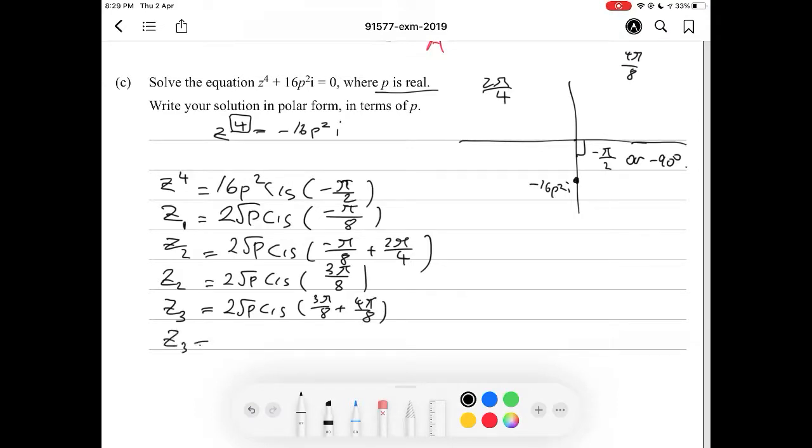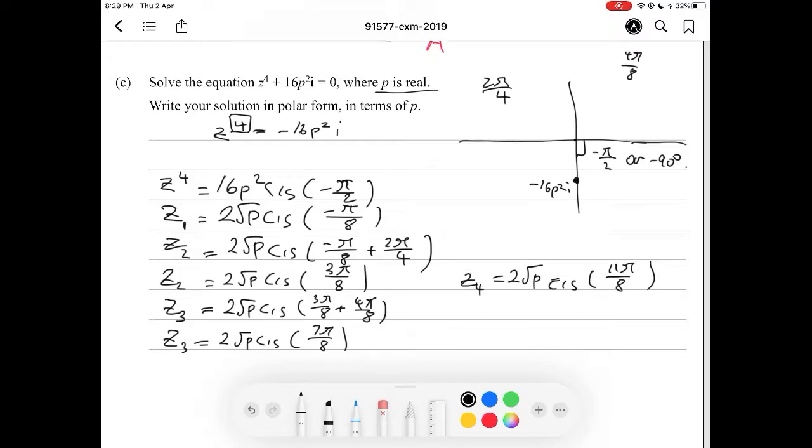And that would give us z3 equals 2 root p cis of 7 pi over 8. And to get our final root, z4 is equal to 2 root p cis of 7 pi over 8 plus 4 pi over 8, which is 11 pi over 8. And that should be your 4 roots.